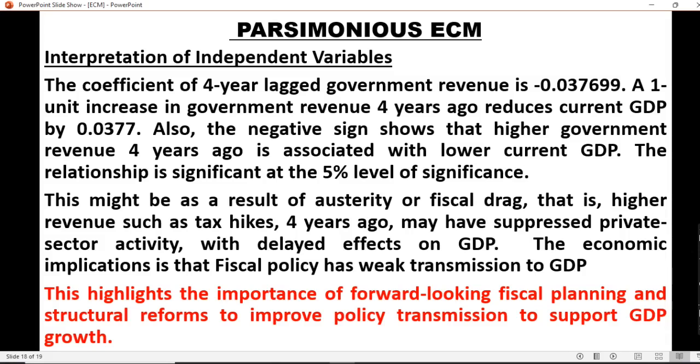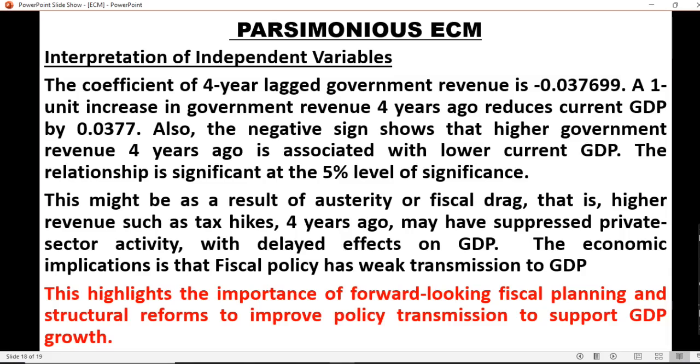Okay, so for that of the government revenue, we discovered that the coefficient of the 4-year lag of government revenue is minus 0.037699. This implies that a 1 unit increase in government revenue 4 years ago reduces current GDP by approximately 0.0377.